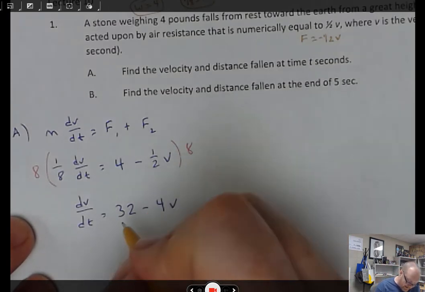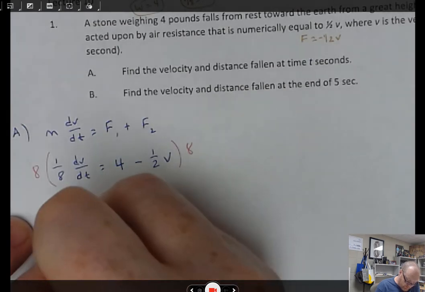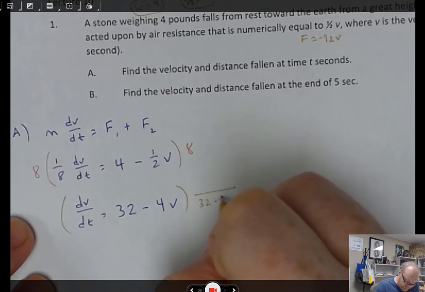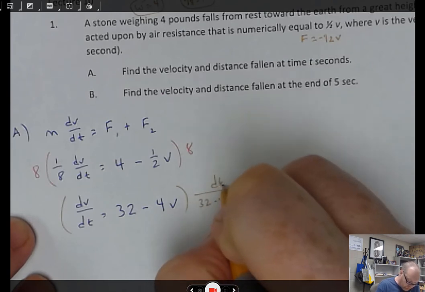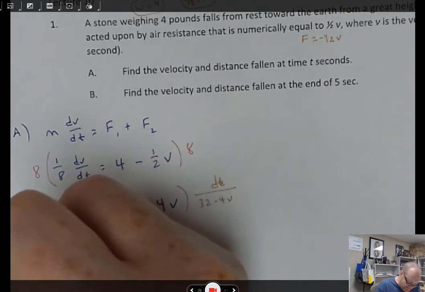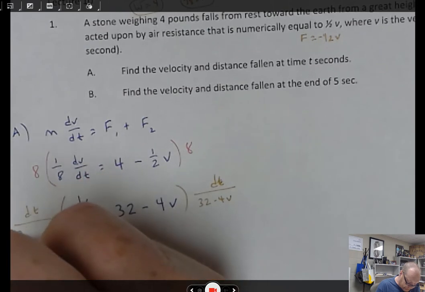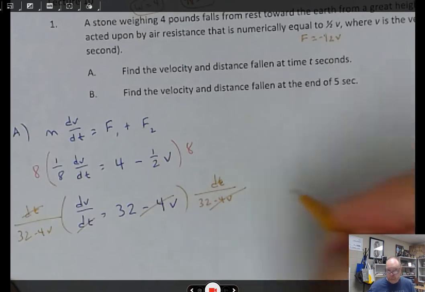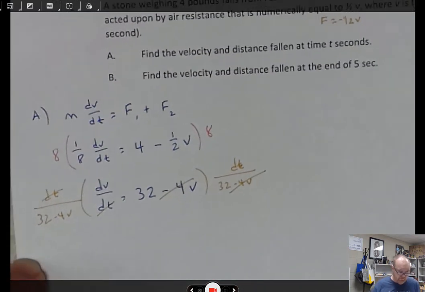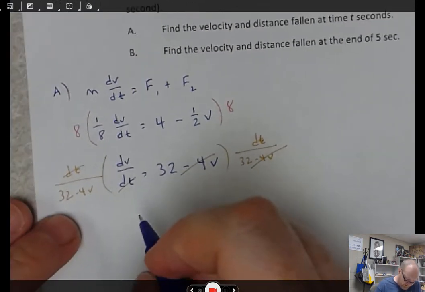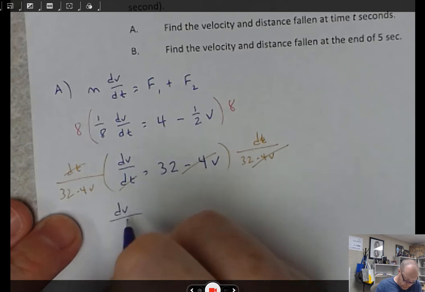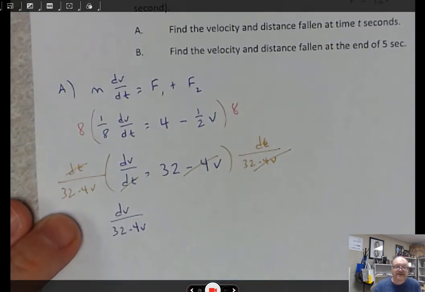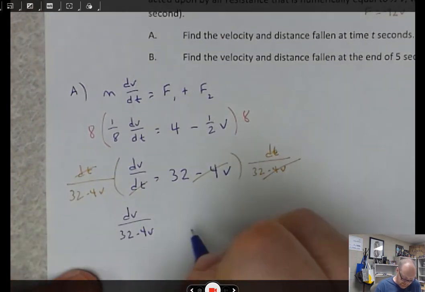I tell you what, I think I'm going to divide both sides by 32 minus 4v and multiply both sides by dt. So let that algebra work out for you. But this ends up being dv over 32 minus 4v equal to dt.